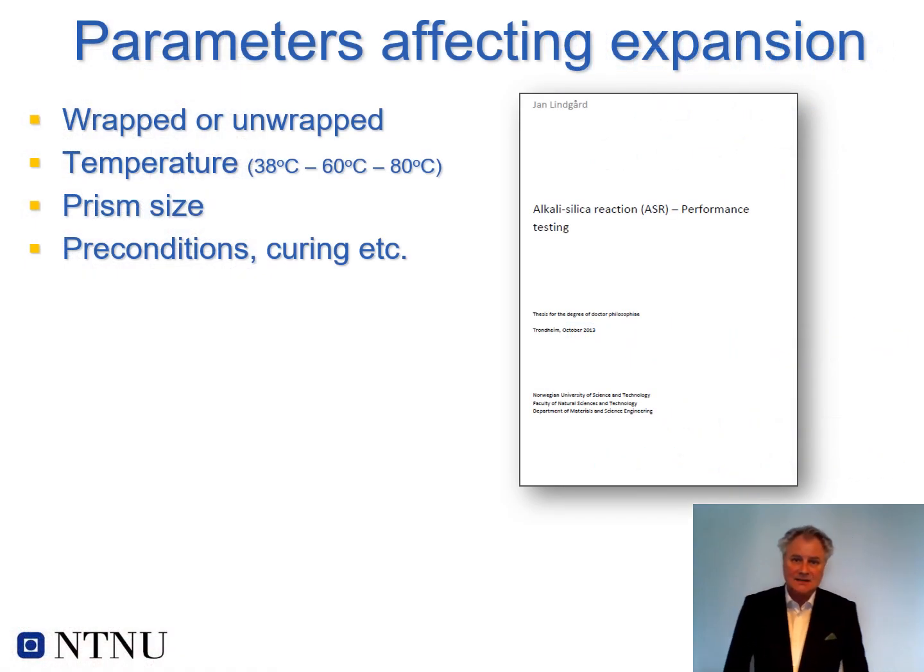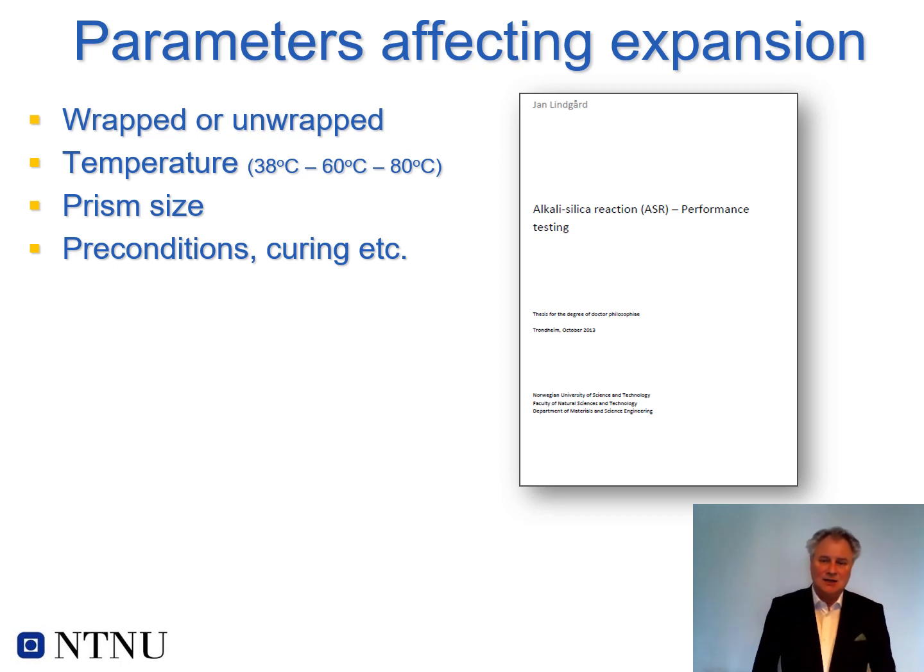And in the PhD by Dr. Lindgård, he looked into different parameters affecting these tests. First, we originally had some wrapped prisms to try to reduce the alkalis leaching out of the prisms, but he realized that unwrapped prisms gave less leaching.